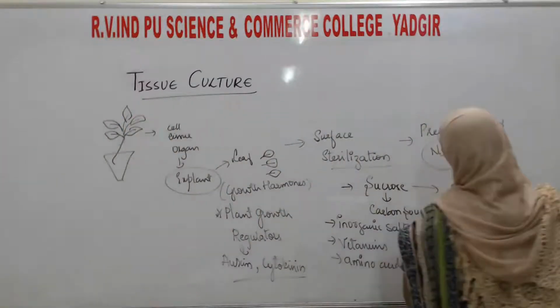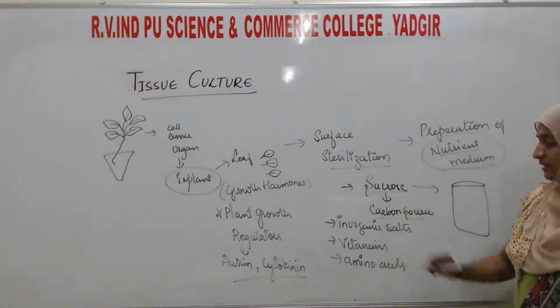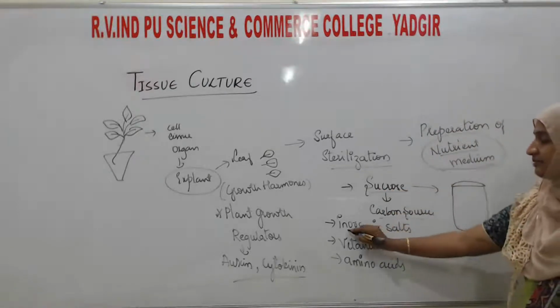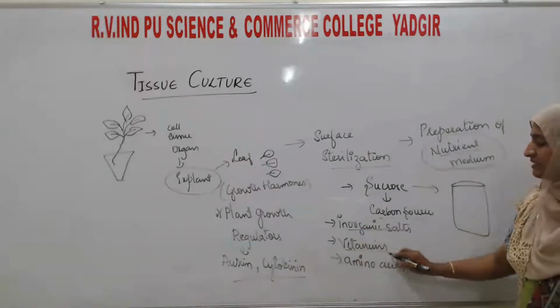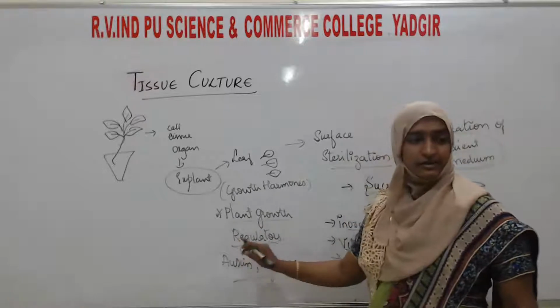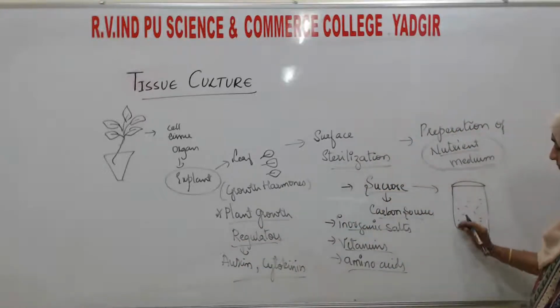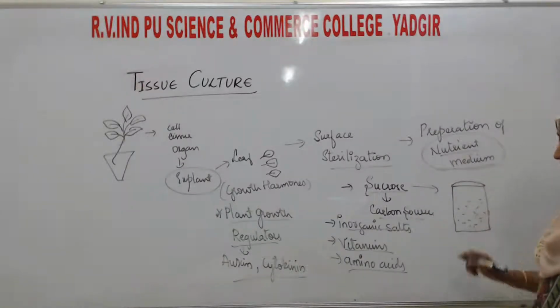First thing, they are going to add the sucrose, which will act as a carbon source. They will add some inorganic salts, vitamins, amino acids, and plant growth regulators for the preparation of a nutrient medium.